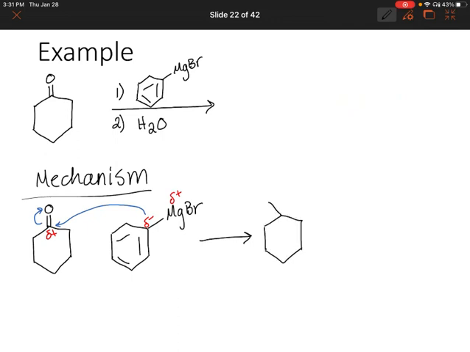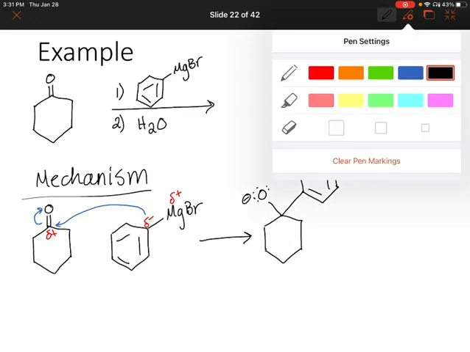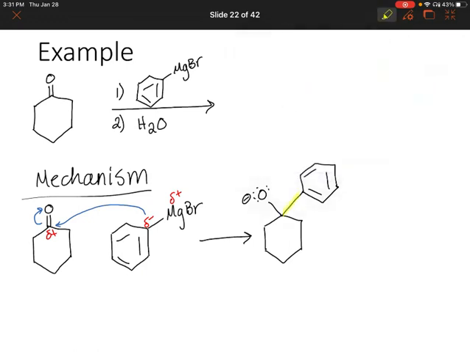Now this is where things get a little complex. All right, so we just formed a bond between the carbonyl carbon and our benzene ring. Okay, so our new bond is the one between the two rings.